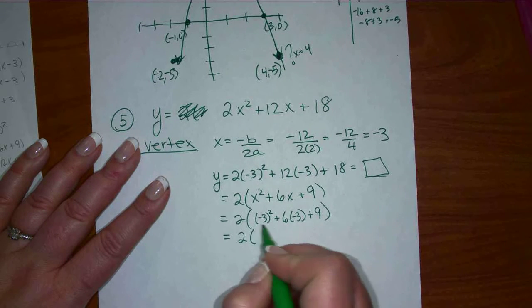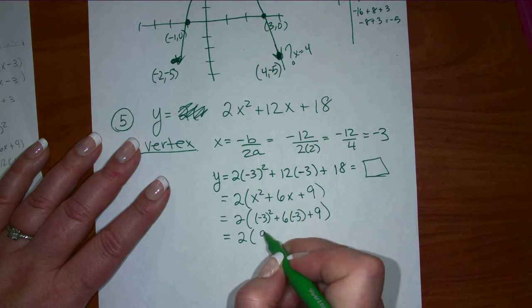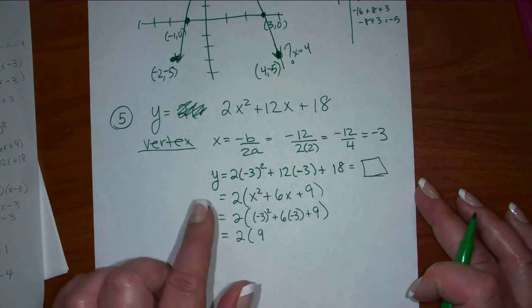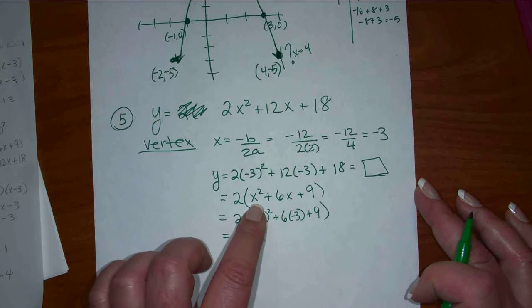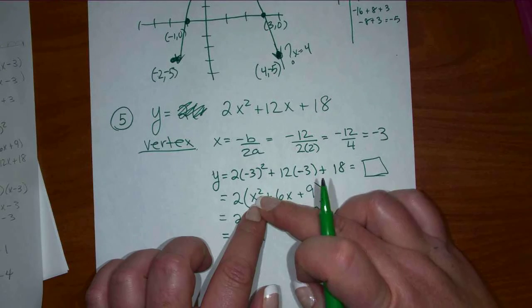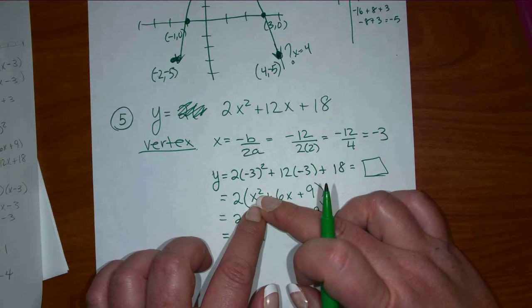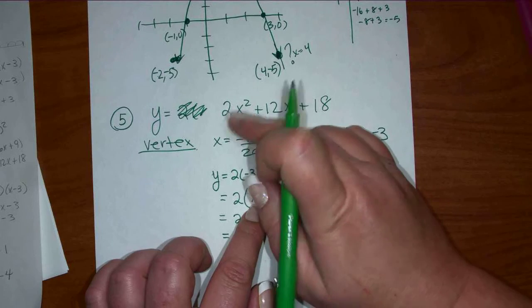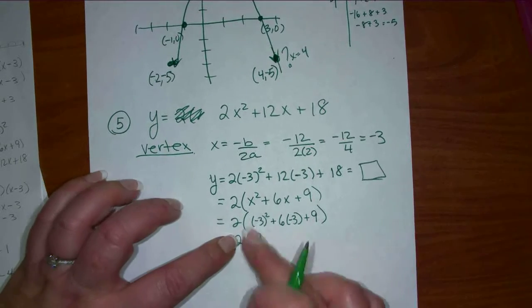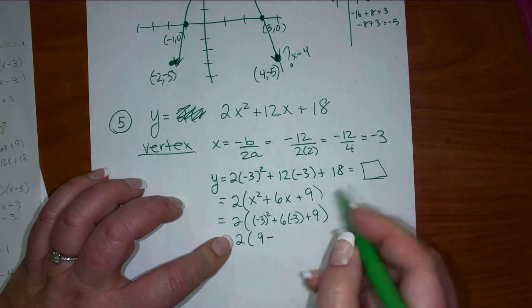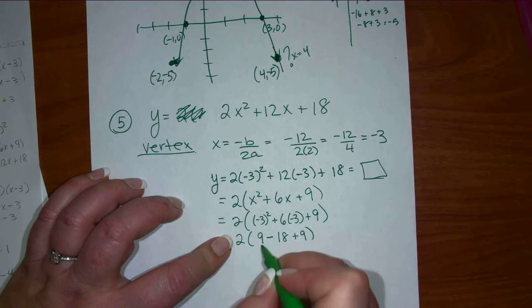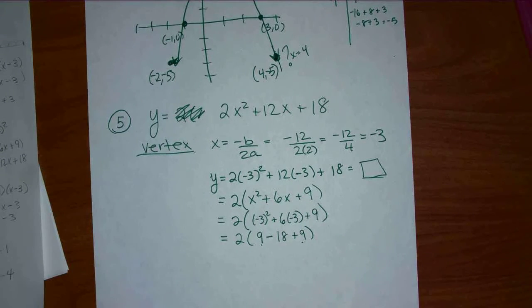Negative 3 squared is 9. That negative's inside the squared. How come? It's x is negative 3, and we're squaring x. Whereas before in the last question there was a negative outside of the x squared, there's not here. So that's 9 minus 3 times 6. What's 9 plus 9? 18.